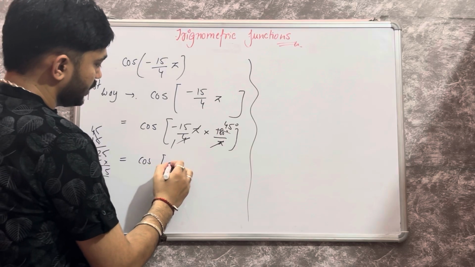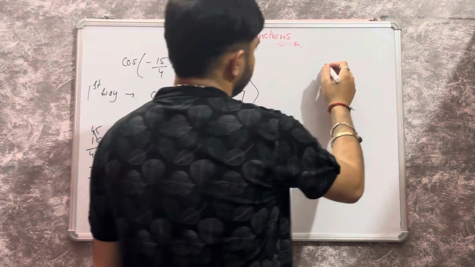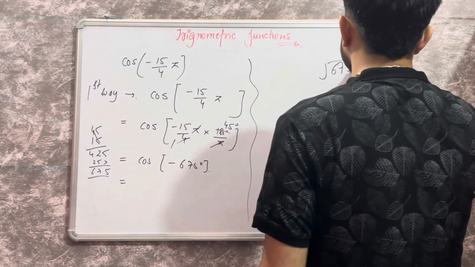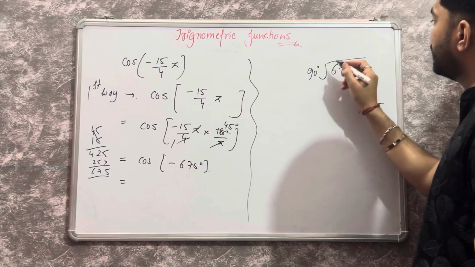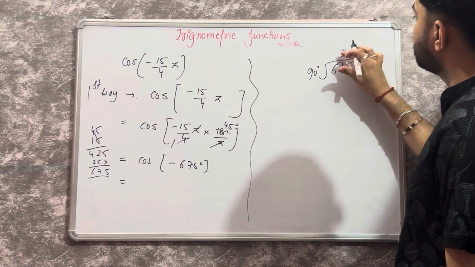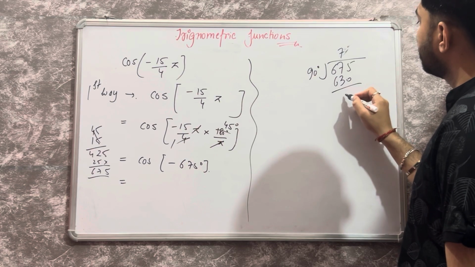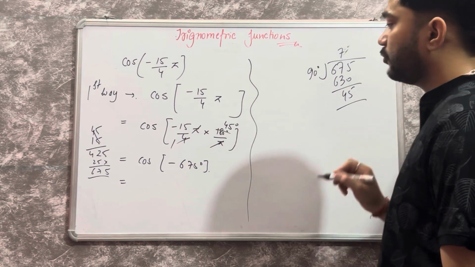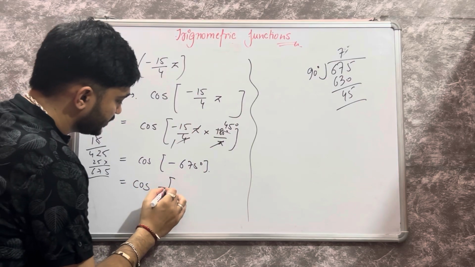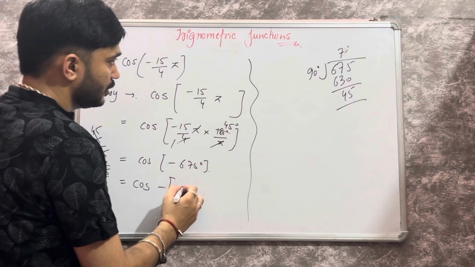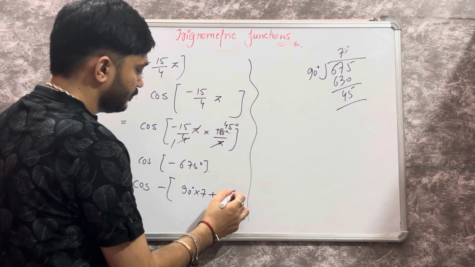So here we get minus 675 degrees. Divide 675 by 90. What will we get? 7 nines are 630. We are left with 45 as remainder. So cos, the negative in front of it. 90 into 7 plus 45 degrees.